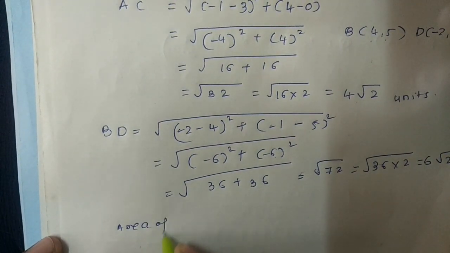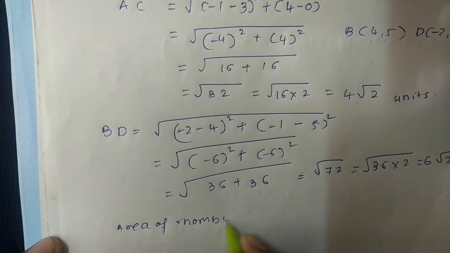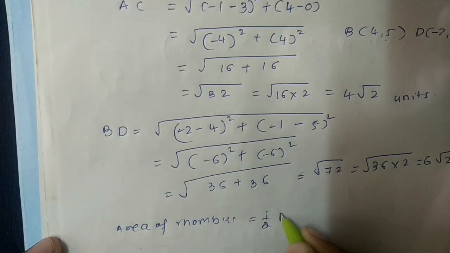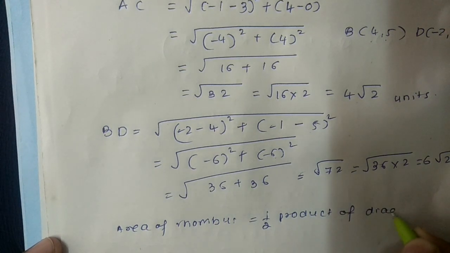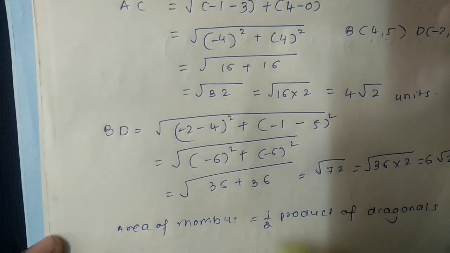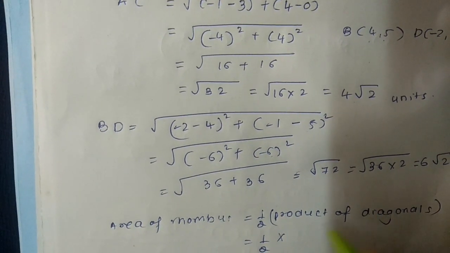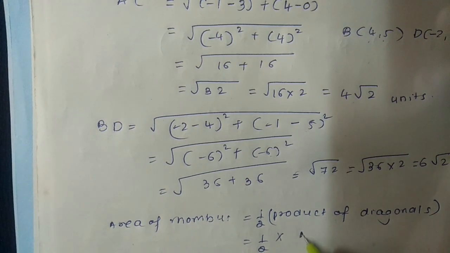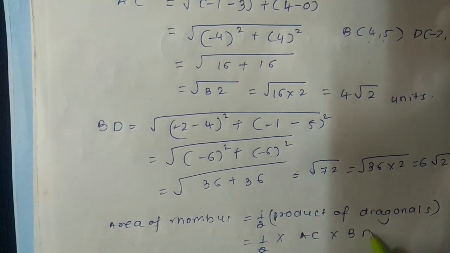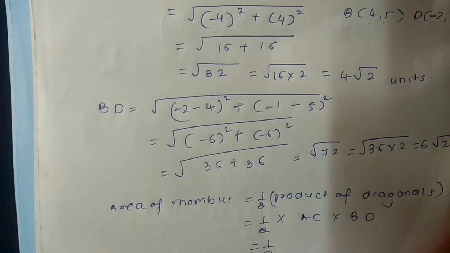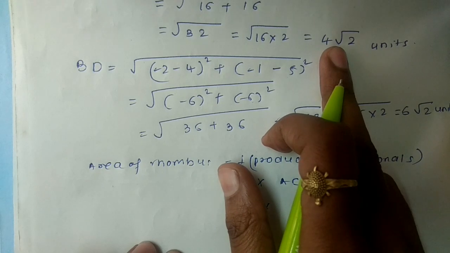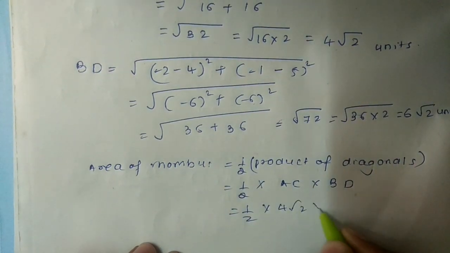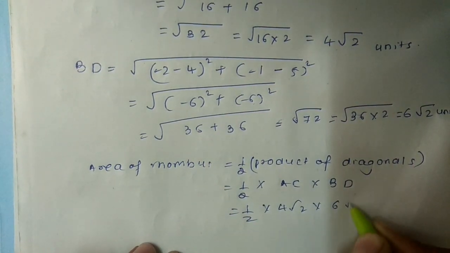So the area of the rhombus, the formula is half of the product of the diagonals. The diagonals are AC and BD. So 1 by 2, or you can say half, into AC, which we got as 4 root 2, into BD, which we got as 6 root 2.